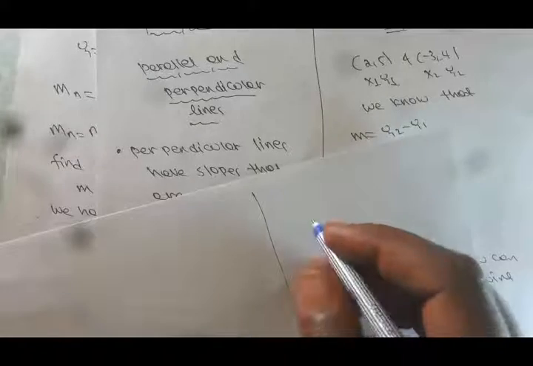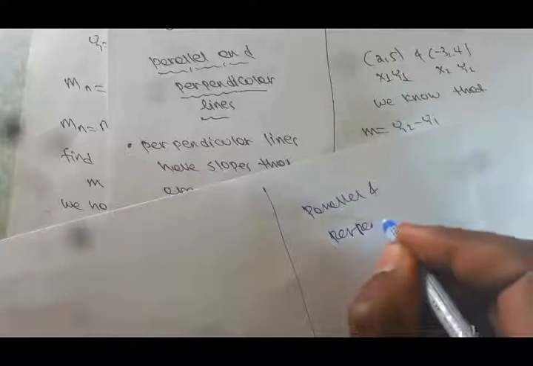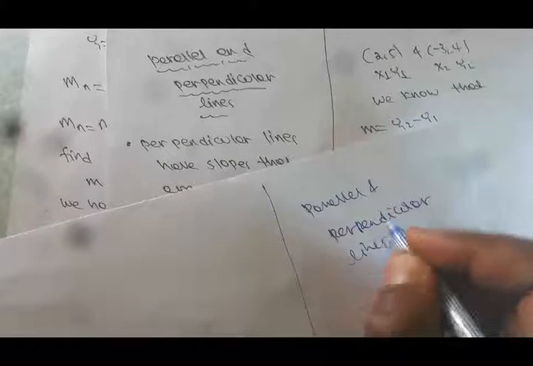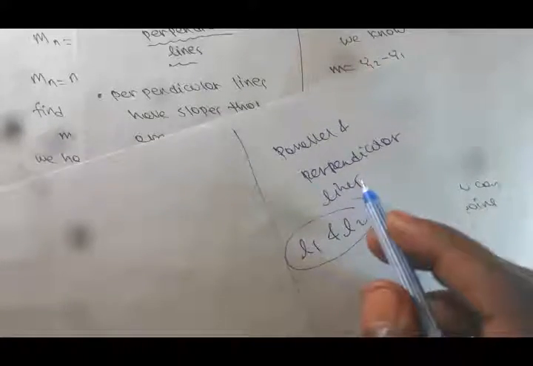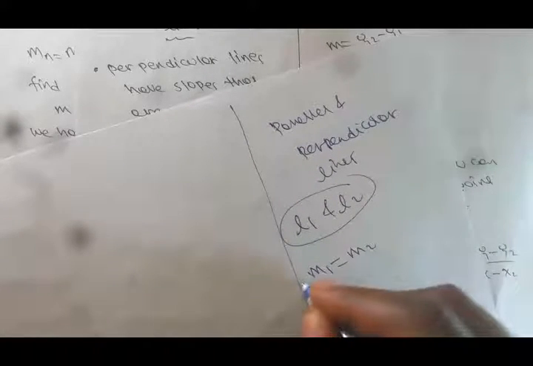And now we are going to talk about parallel and perpendicular lines. Let's say L1 and L2 are two lines. For L1 and L2 to be called parallel lines, the slope m1 must be equals to m2.